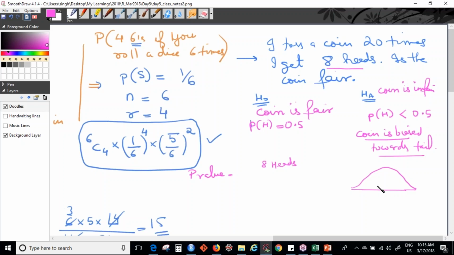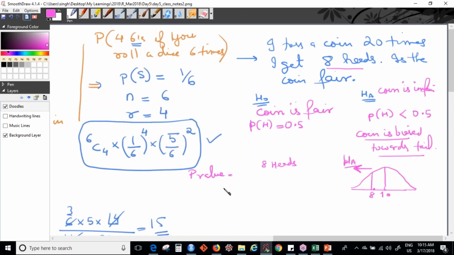Yes, exactly, towards 0. The direction of alternative is towards 0. So 10 is the mean. If your coin is fair, you will get around 10 heads, right? If you toss it 20 times, 50% of the times you will get head, 50% of the times tails. So 10 is what you will see here. Now our point is somewhere here, 8. So our direction of alternative is this direction, opposite of what we saw earlier. So this is the direction of alternative, HA.